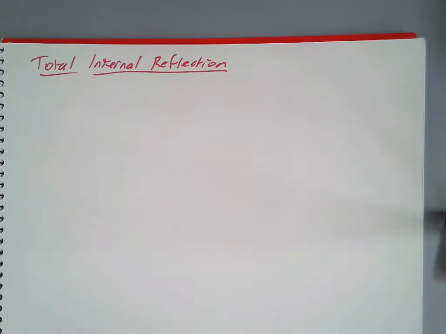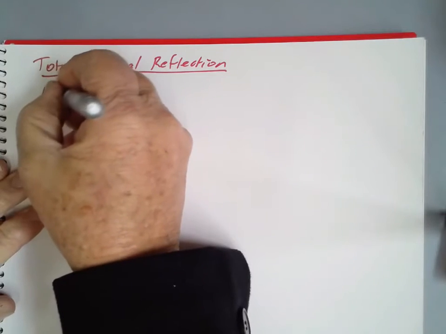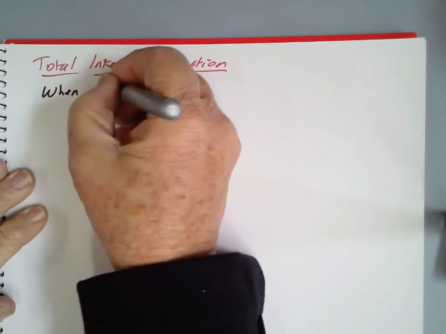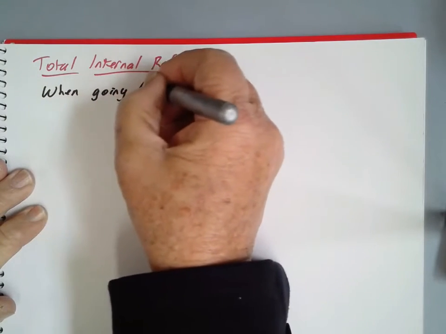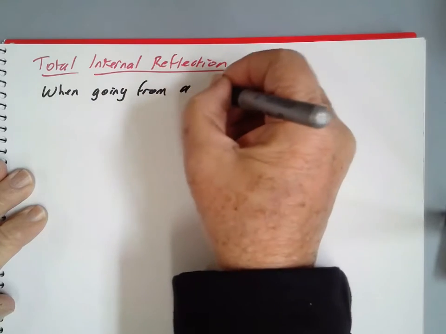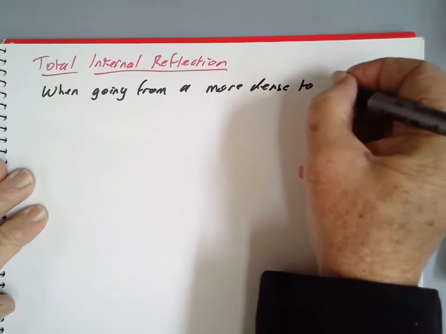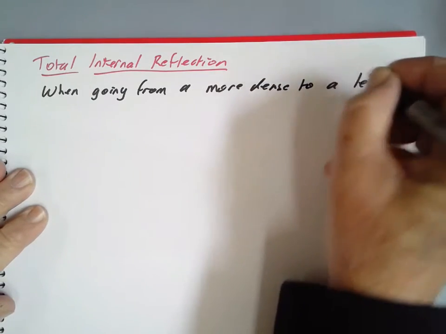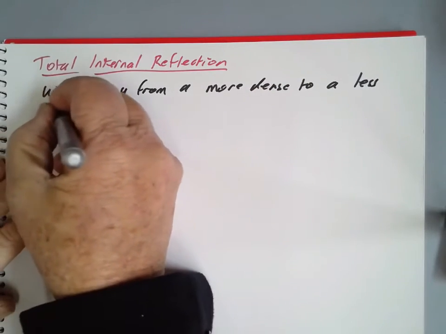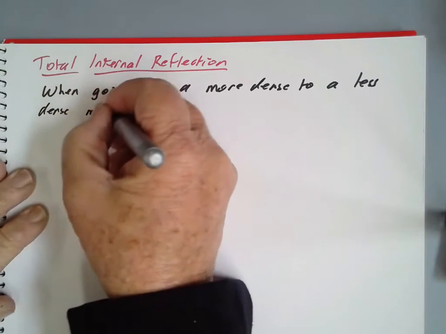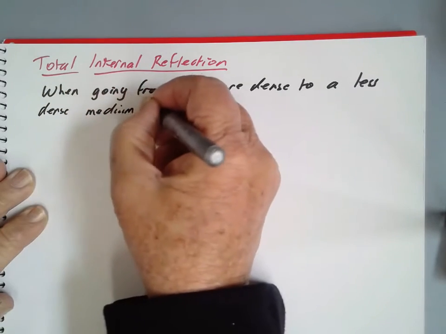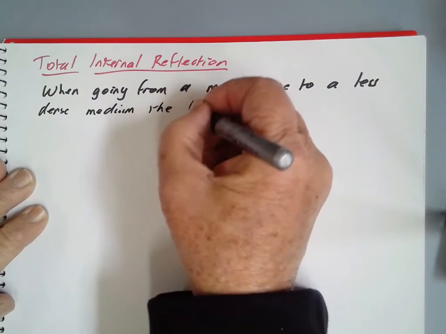So when going from a more dense to a less dense medium, the light bends away from the normal.